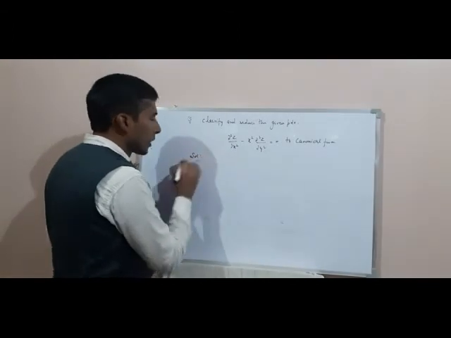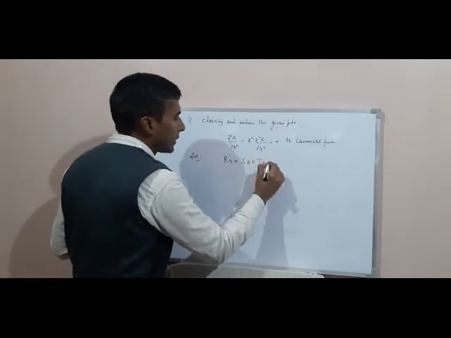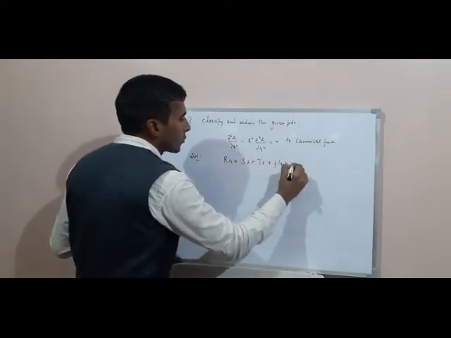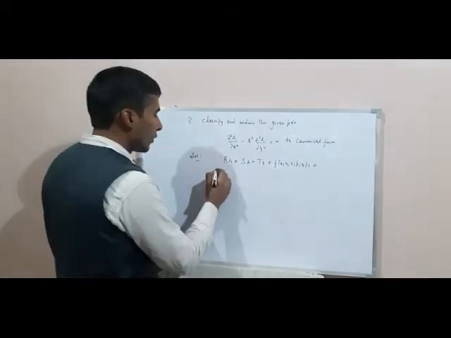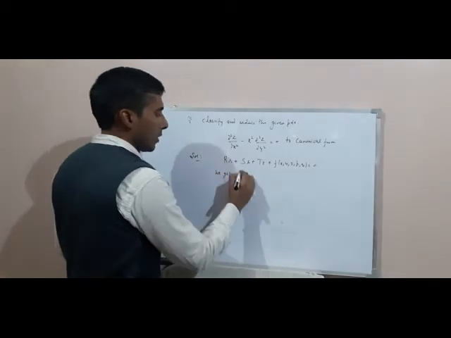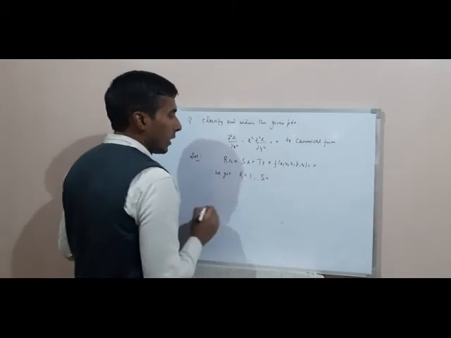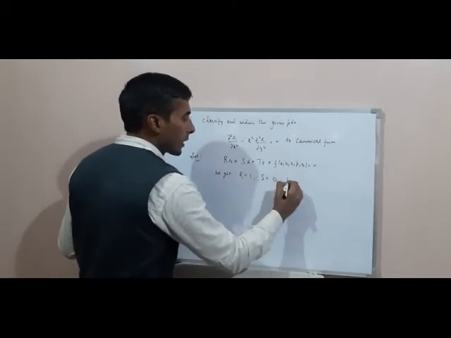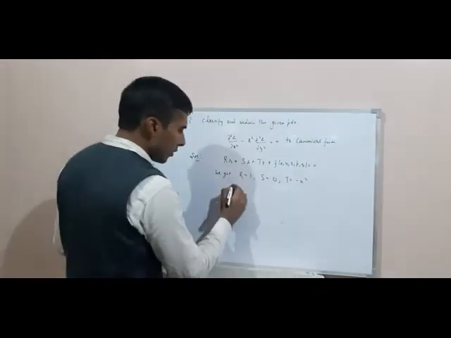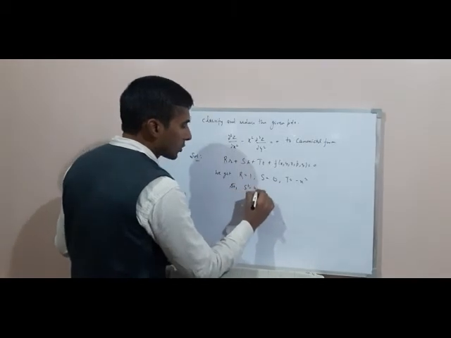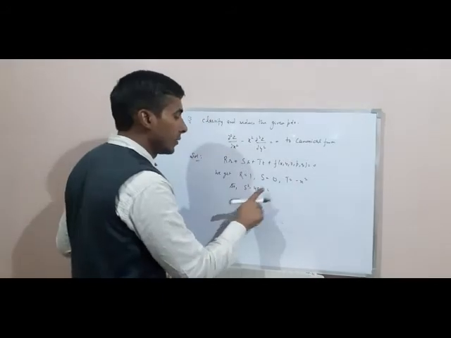So now compare this with Rr + Ss + Tt + f(x, y, z, p, q) = 0. Now we get here capital R is 1, capital S is 0 and capital T is −x². So what will we get for S² − 4RT?